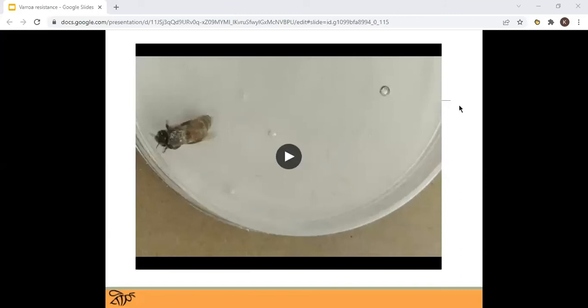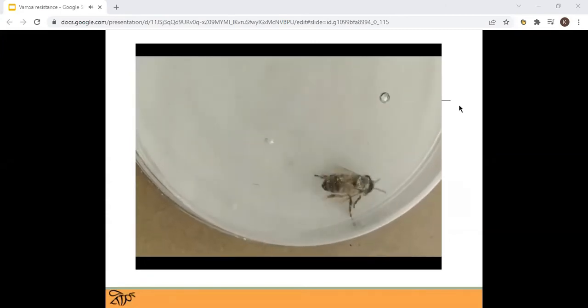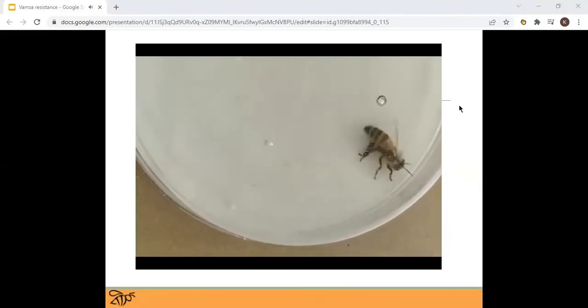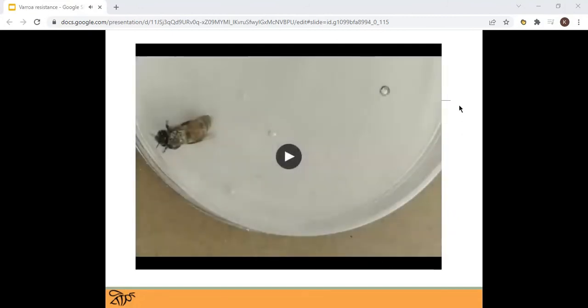So I have a video here of a bee exposed to wheat flour. If you don't hear sound, that's okay. There is no sound associated with this video. That's a little bee there exposed to wheat flour.